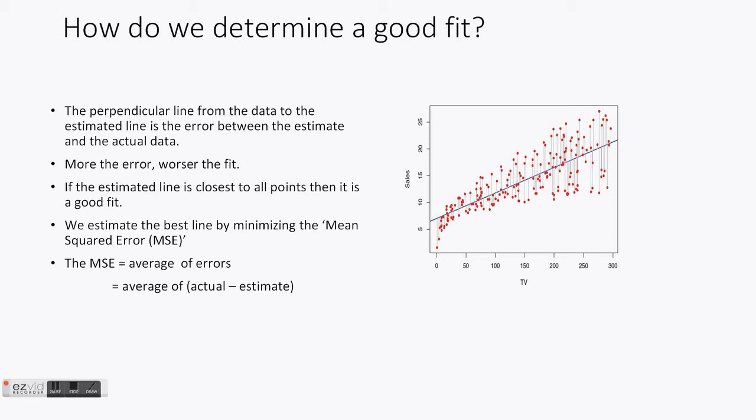Hence this measure, where we take the square of the distance from the data point to the estimated line and average the square of this distance, is known as the mean square error.